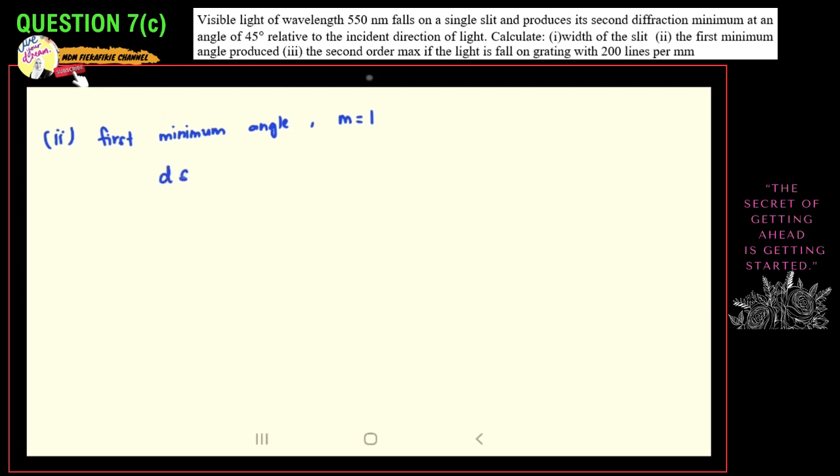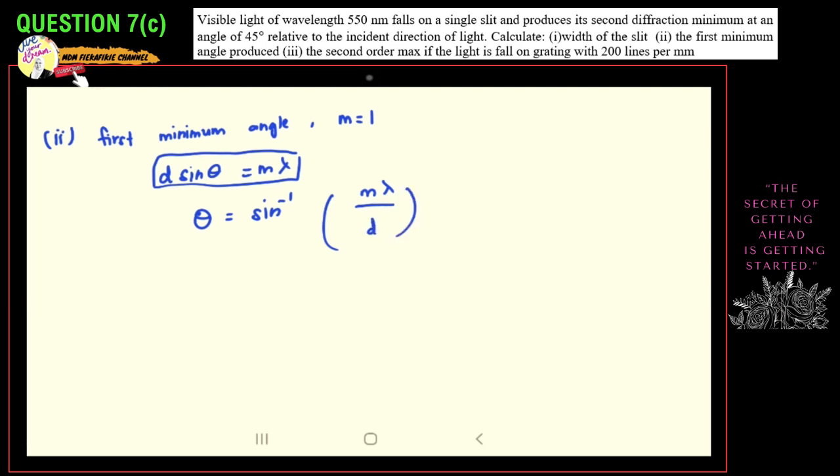Okay, so d sine theta is equal to m lambda. So we want to calculate theta, where it's inverse sine of m lambda over d. Okay, so let's substitute all the values. So theta should be equal to 20.64 degree. Okay, the important thing is don't use the wrong formula.